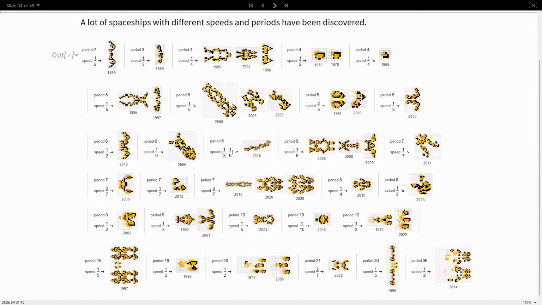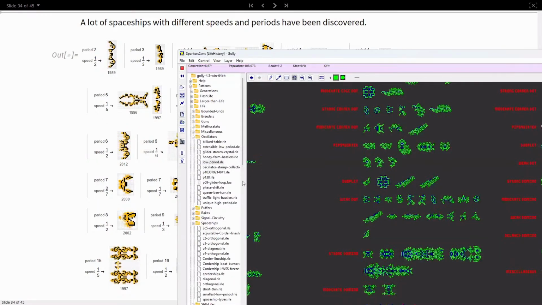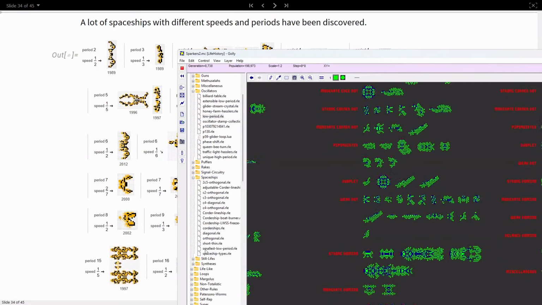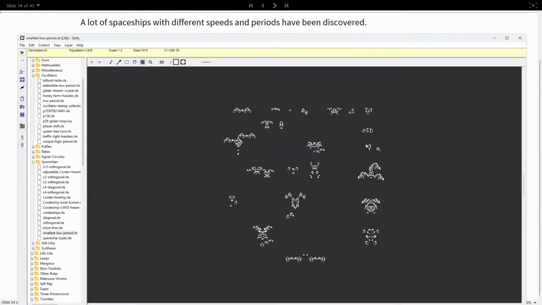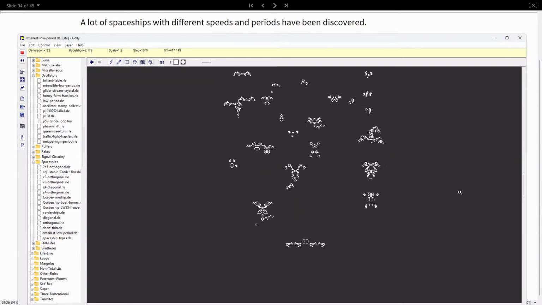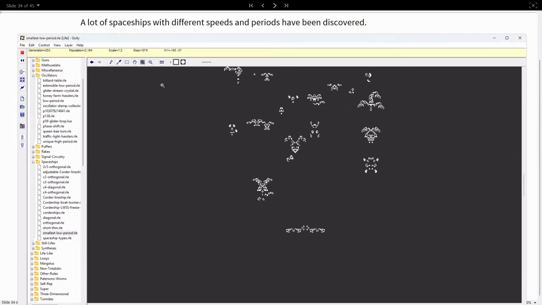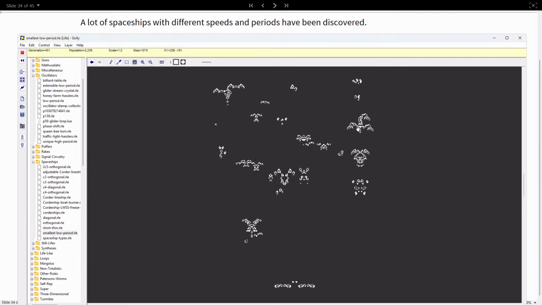And I believe in Golly there is a spaceship collection. Let me see if I can find that. Right. Here's a collection of spaceships of various speeds and periods. You can see the slowest ones are at the bottom.